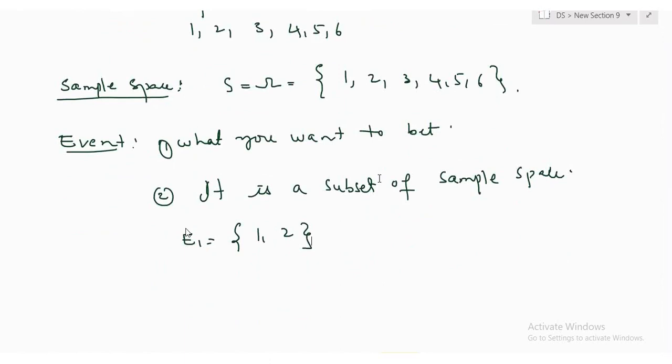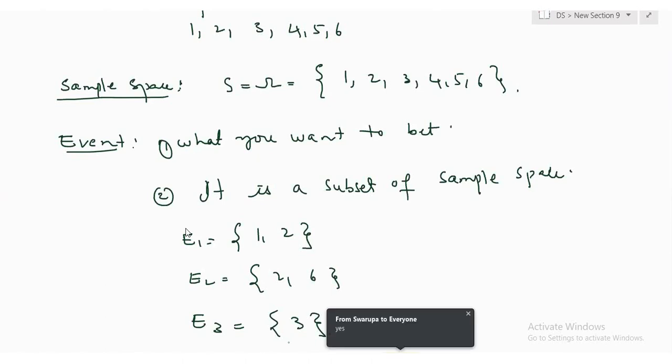Or you want to bet on some tail or head? Do you do that? No, no. So always the event is a subset of your sample space. For example, I can write another event as well, 2, 6. I want to bet on 2. Another event, E3, has only one element. You guys are getting it?